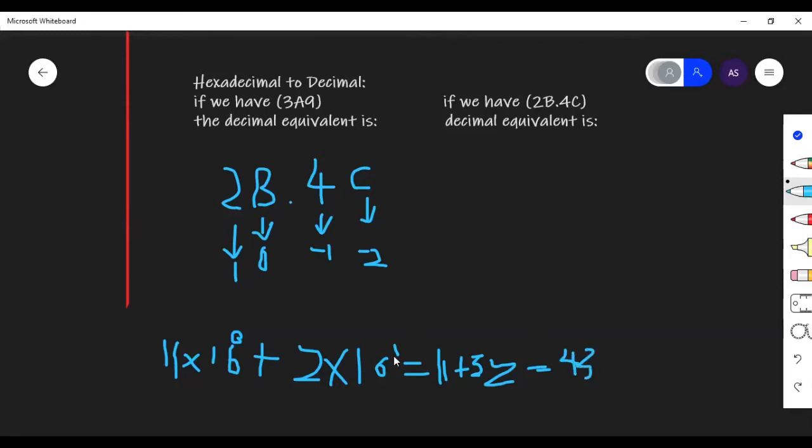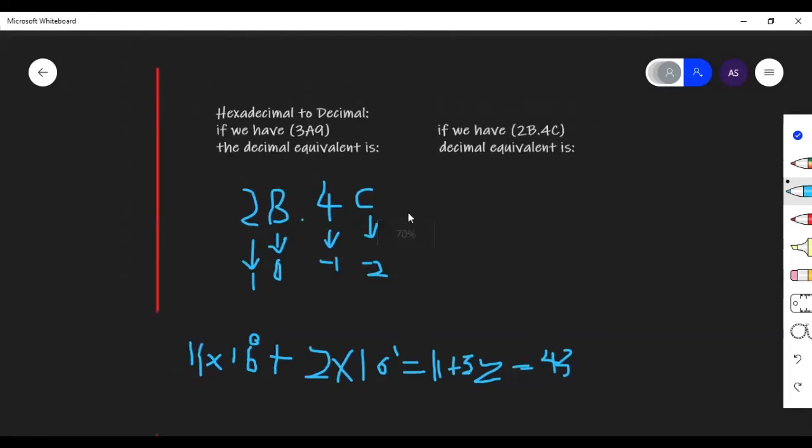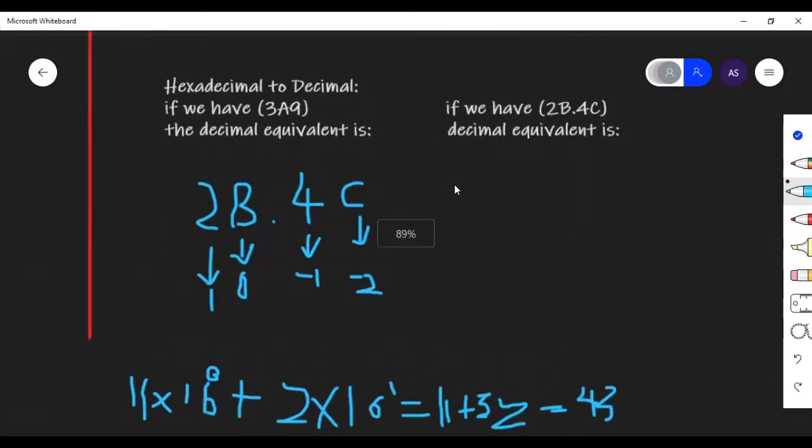So first we'll have 4 into 16 to the power -1, plus 12 into 16 to the power -2. So that will be 4 by 16, which is 1 by 4, so 0.25.